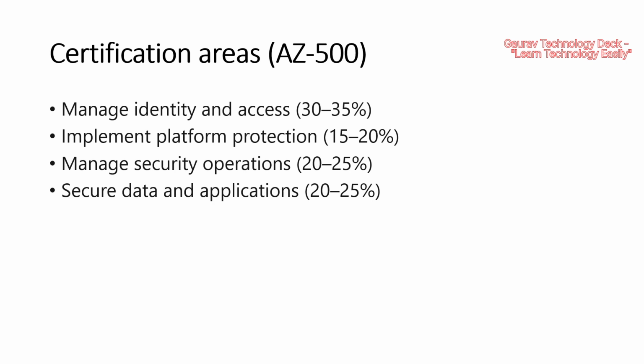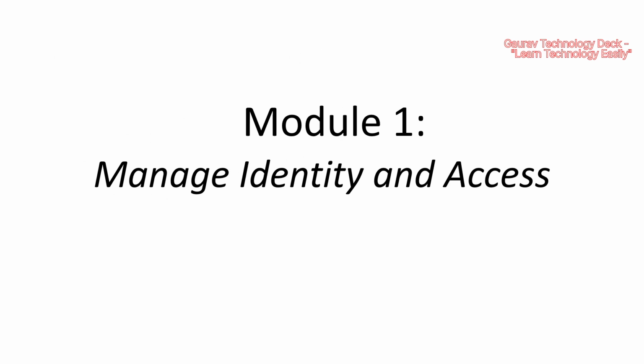In Manage Identity and Access, you can get around 30 to 35% of questions related to this module, and 15 to 20% related to the second, so you can go through it. This is our first module, which is Manage Identity and Access.